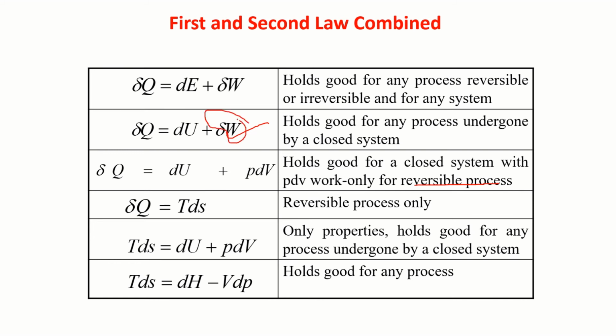I cannot define for any process delta W is equal to PdV. Again, this equation holds good for a reversible process only. Entropy definition: TdS is equal to dU plus PdV. Any process undergone by a closed system, this holds good for any process. Okay, alright.